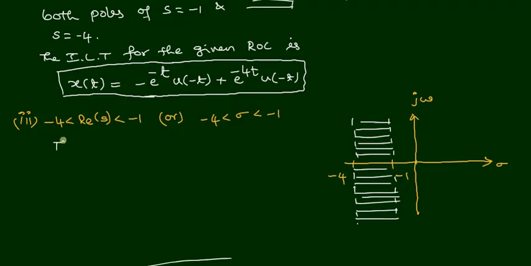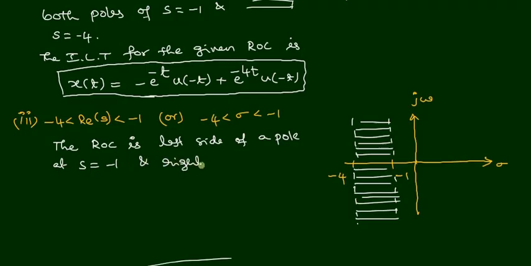The ROC is left side of a pole at S equals -1 and right side to the pole at S equals -4.